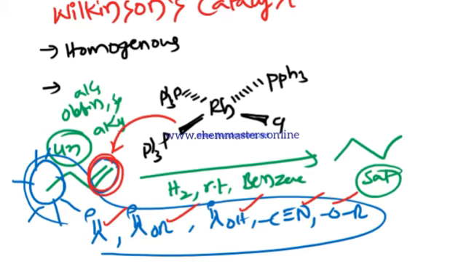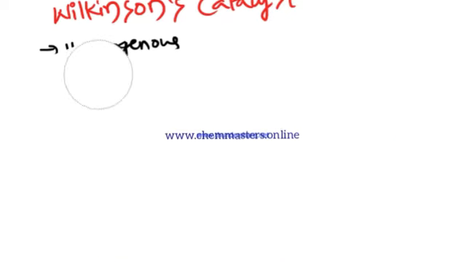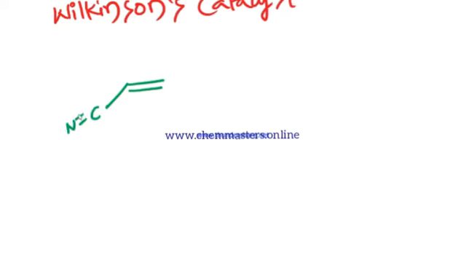Now we need to look at the important substrate selectivity with Wilkinson's catalyst. Whenever an olefin is connected with electron withdrawing groups, here we have taken nitrile, the rate of hydrogenation of the given olefin is high with Wilkinson's catalyst.